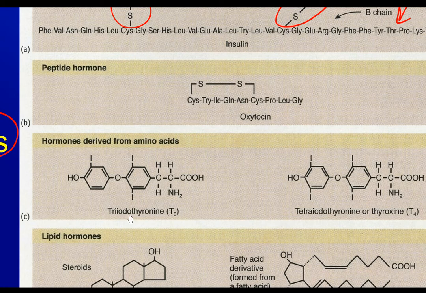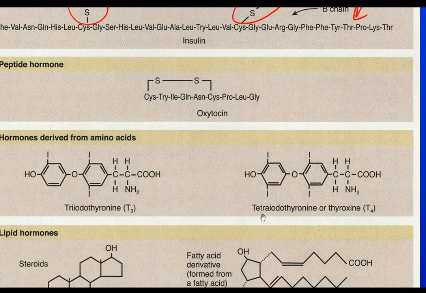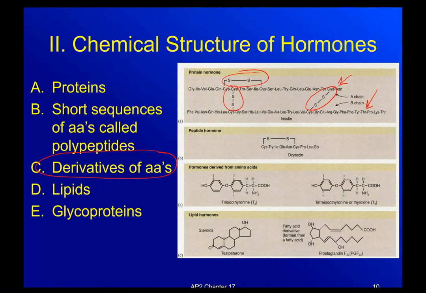Iodo is referring to iodine. So you've got 1, 2, 3 iodines added to triiodothyronine. Tetraiodothyronine, here's my tyrosine, 1, 2, 3, 4. I've got 4 iodines attached to that. And literally, it is one single amino acid that I've altered.